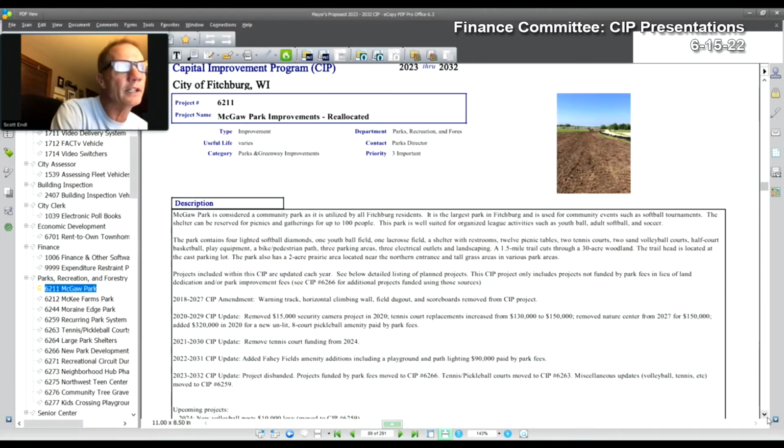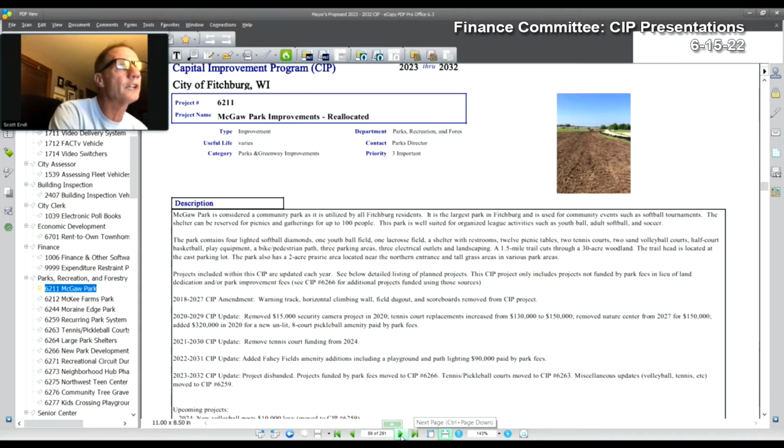The mayor and Misty did put together an annual contribution to maintain the tennis and pickleball courts, basically at McKee and McGaw. And then we've got some which are moved to a separate CIP 6263. And we do have some miscellaneous updates that are moved to 6259 that we can certainly discuss more specifically when we get to those CIPs.